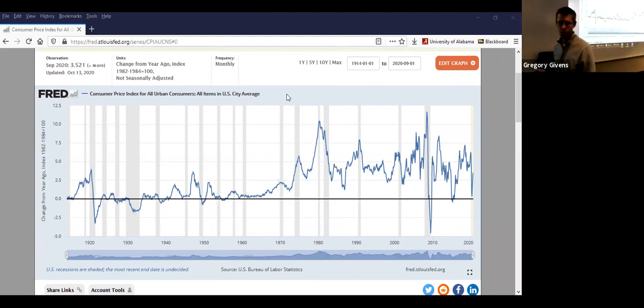Now, in the past few decades, let's say from the early 80s on to the present, we've had, this graph does not look correct to me. Hold on.